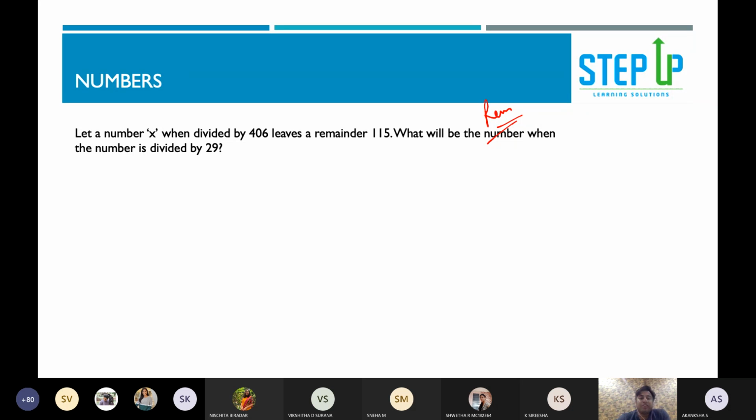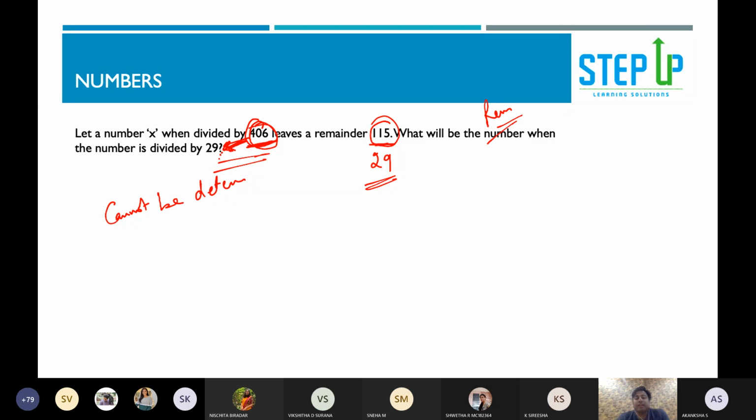Always remember, whenever you get such a question, your 406 should always be divisible by 29. The trick of this is that 406 should be divisible by 29. If it is not, you can't get your answer; the answer is cannot be determined. But whenever such a question comes, 406 is divisible by 29. So in that case, you don't have to do anything else, you just have to divide 115 by 29.